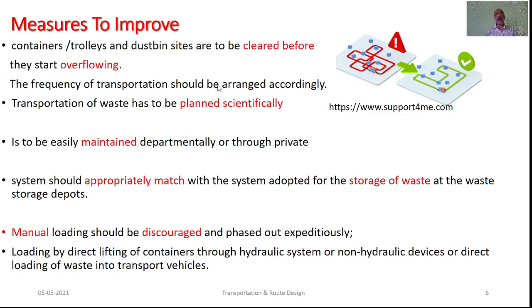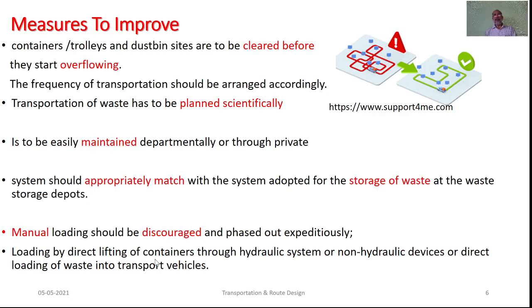This transportation must be planned scientifically. It must be easily maintained either through departmental resources or through certain private partnership. The system should appropriately match the system adopted for the storage of the waste at waste storage depots. Manual loading should be totally discouraged and phased out expeditiously.